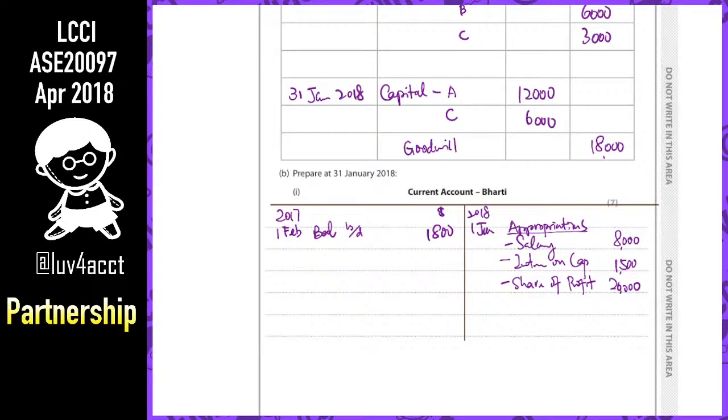Okay, and then drawings, $15,000 each. Okay, so let's take a look at how much is left. We have 12,700 left, and that is to be transferred to the capital account of B. $12,700.